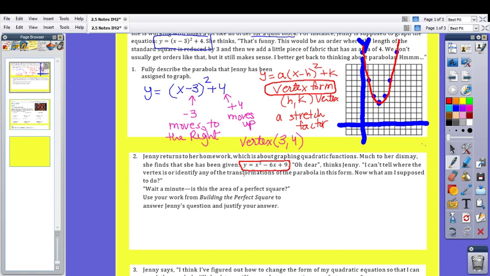Now, this is a standard form, and standard form looks like y equals ax squared plus bx plus c. Now, a cannot be 0. It can be any number but 0. Why? Because if a is 0, then you will not have the x squared term and it won't remain a quadratic equation.